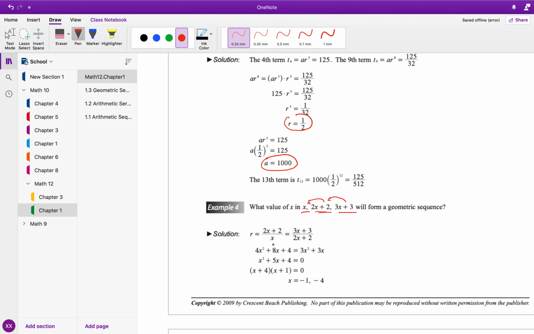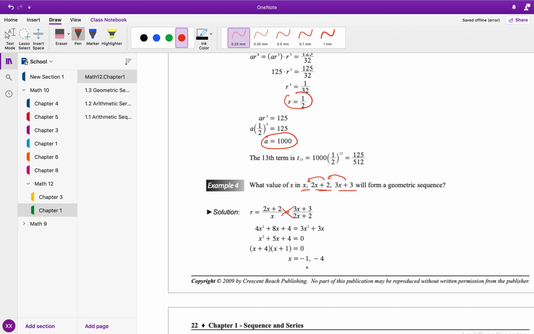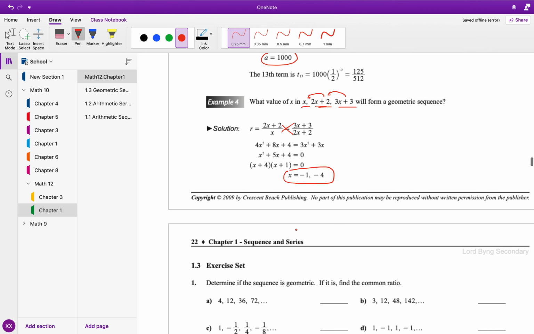So we set this divided by that equal to this divided by that, and cross multiply, and it becomes a quadratic equation. Solve the quadratic equation, and you get two numbers, x is either -1 or -4, and then these 3 terms will make a geometric sequence. All right, and then it's your exercise. Have fun.